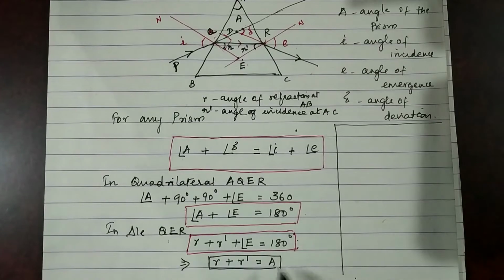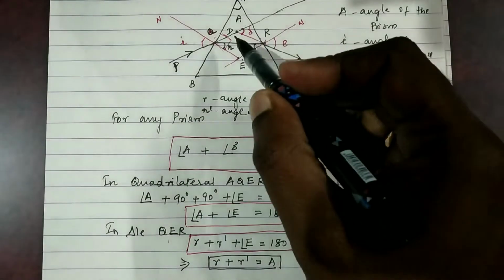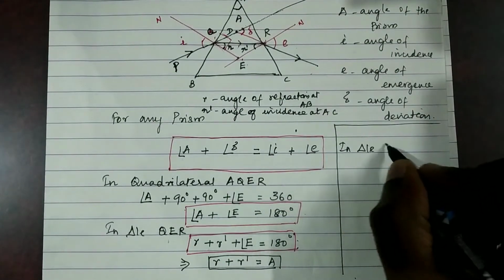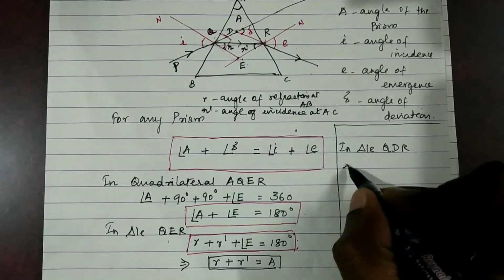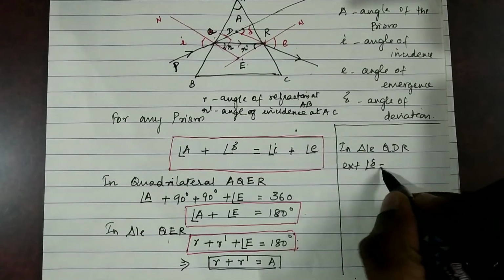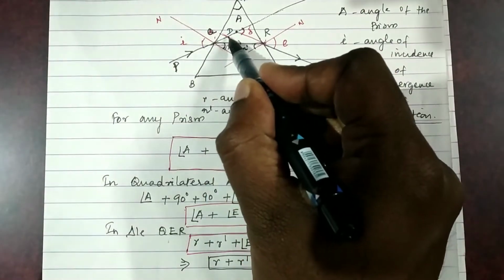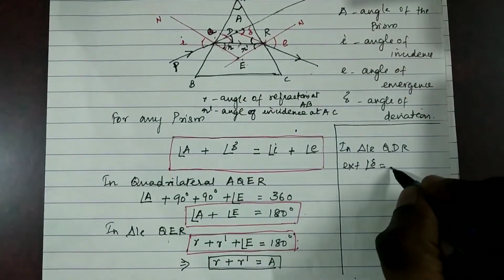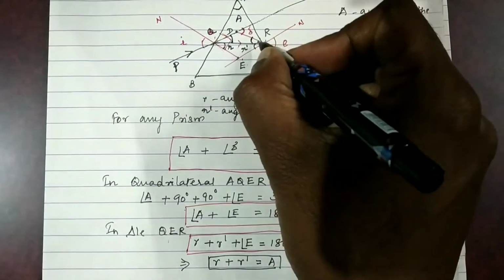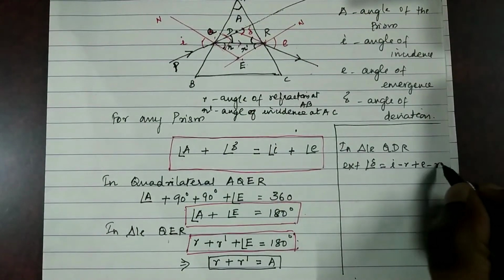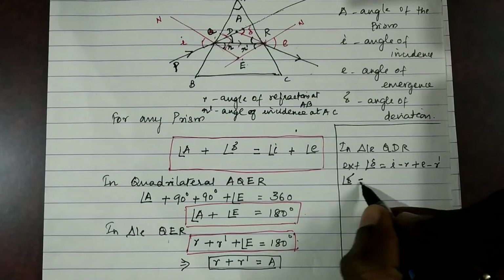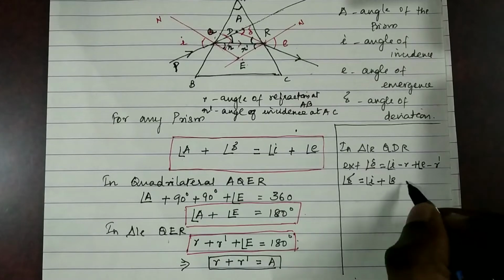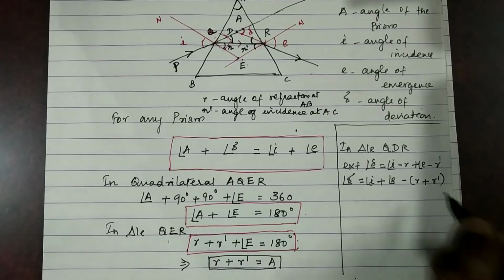Okay. Now, in triangle QDR, exterior angle delta is equal to, see, this angle and this angle, sum of these two angles. This is i minus r plus, this is e minus r dash. So I can write delta is equal to i plus e minus r plus r dash.